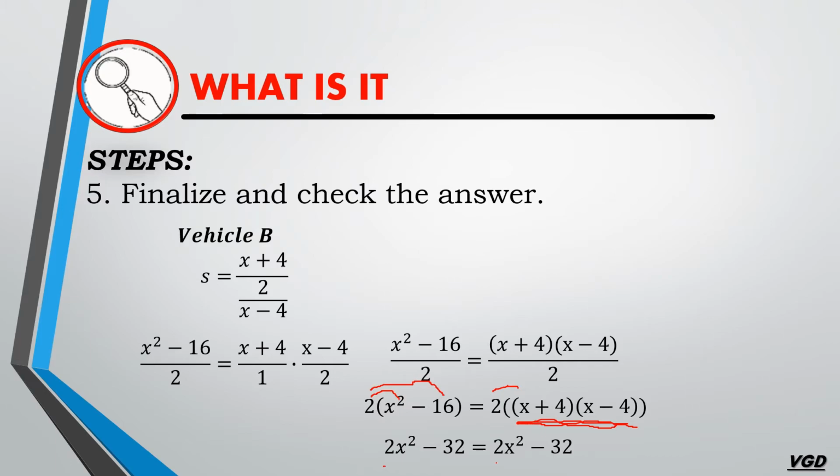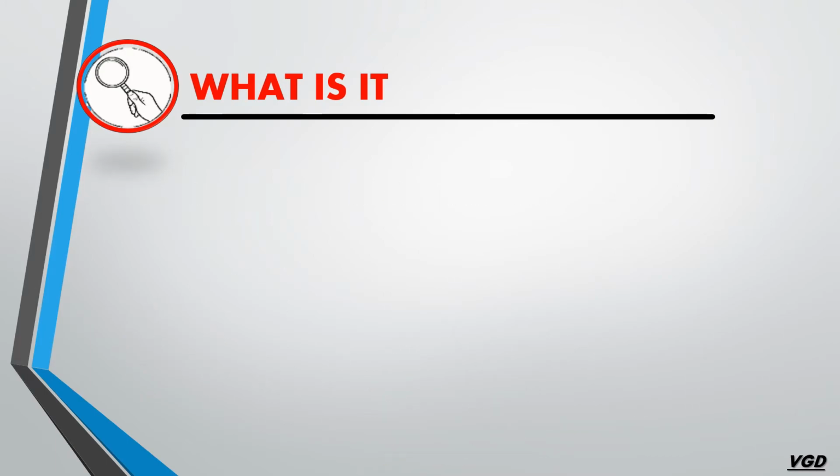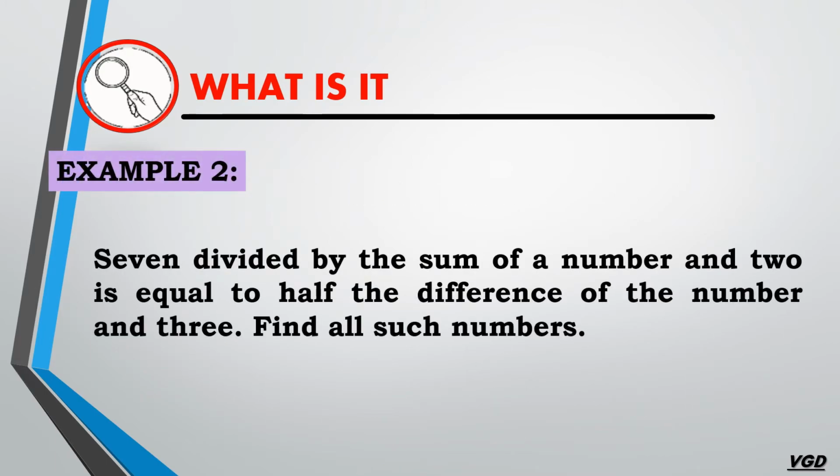Therefore, the left side and the right side have the same answer. So the speed, which is (x squared minus 16) over 2 for vehicle B, is correct. And that is how you finalize and check your answer. And now let's proceed to the second example.